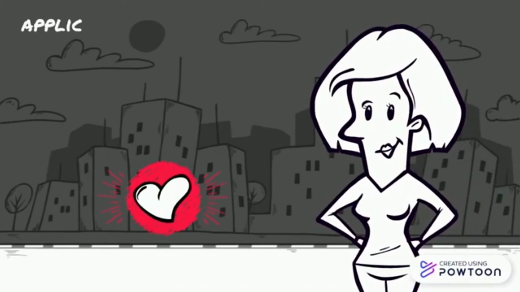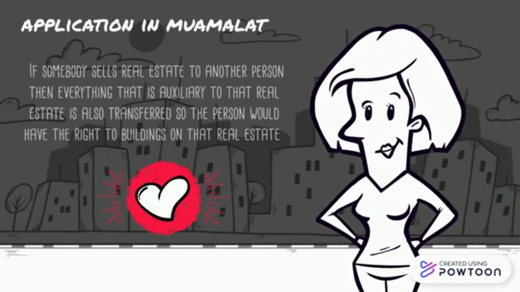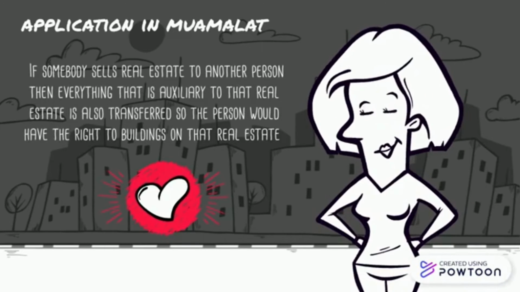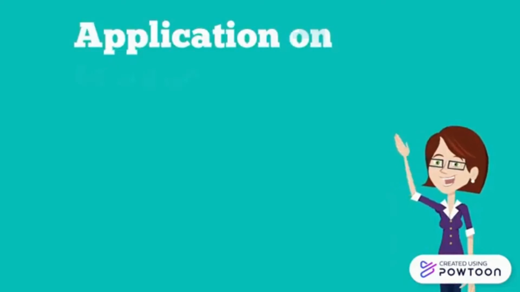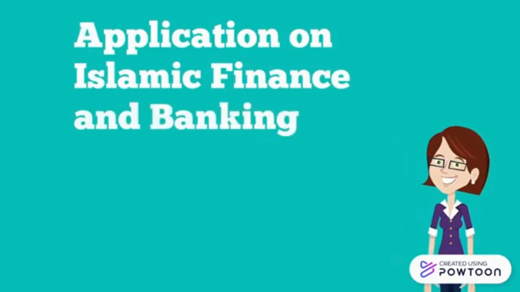Application in Mu'amalat. If somebody sells real estate to another person, then everything that is auxiliary to that real estate is also transferred. So the person will have the right to buildings on that real estate. The application on Islamic finance and banking.